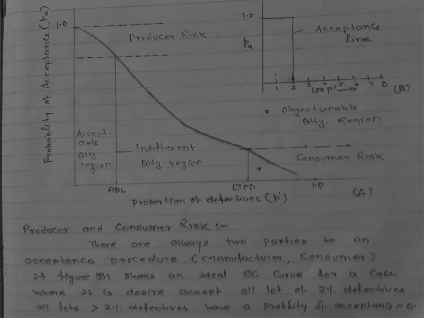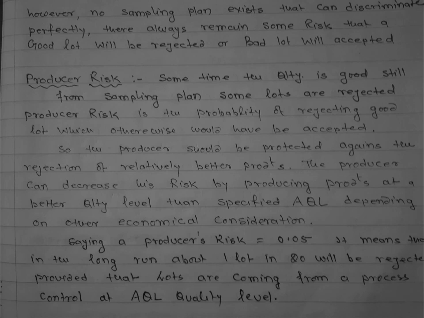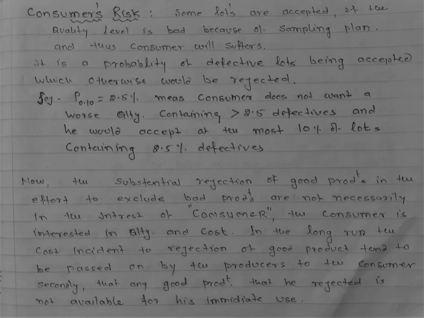Now we come to the second part, the consumer risk. Some lots are accepted, even if the quality level is bad, because of the sampling plan, and thus the consumer will suffer.